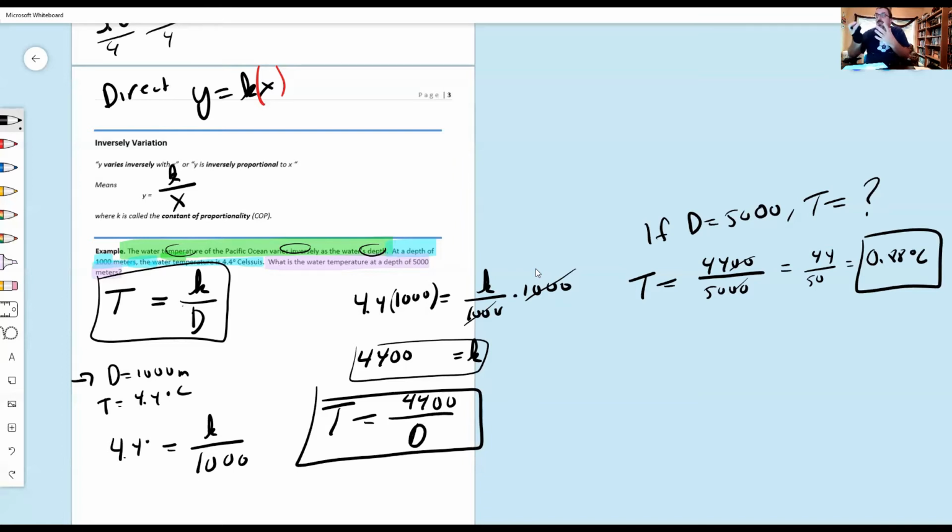So at 5,000 meters, which is roughly 3 miles, the water's almost freezing. Some people might ask, well, why do we care about this?